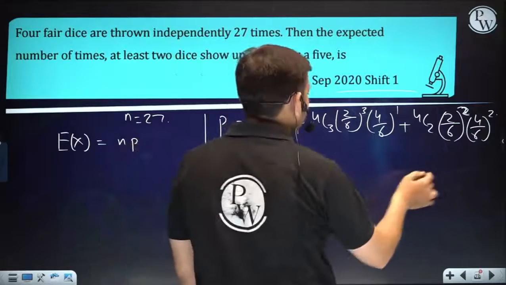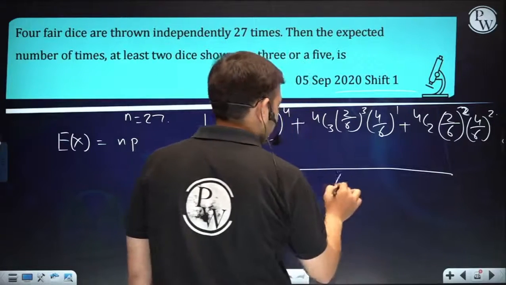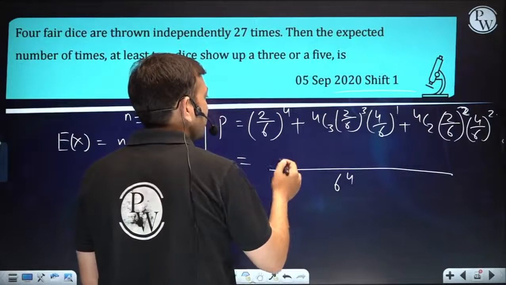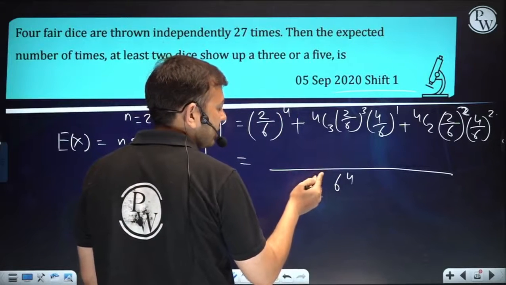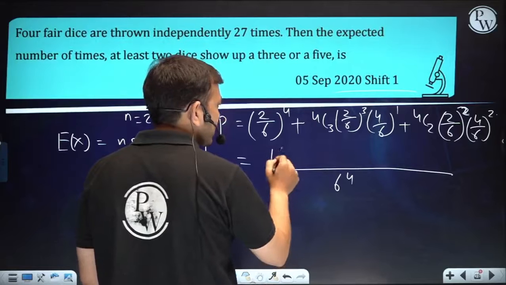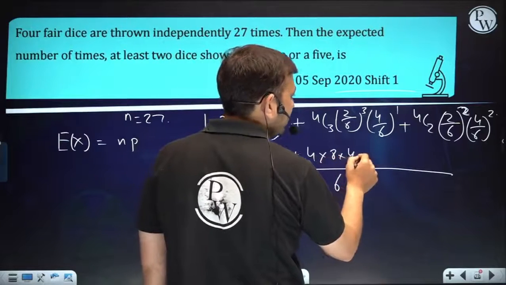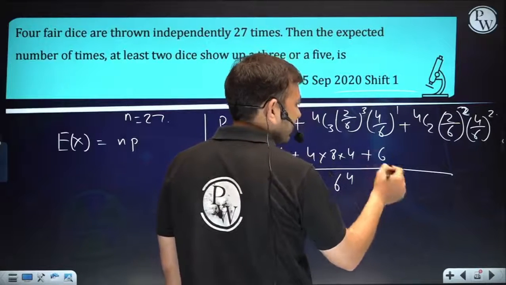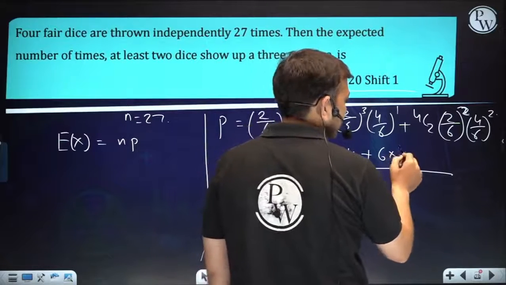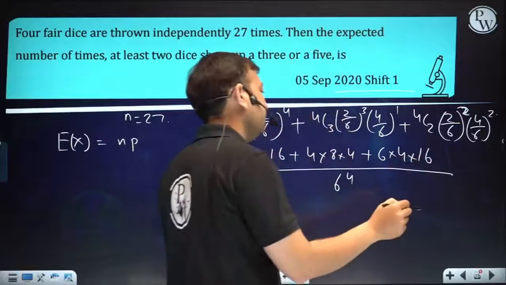Taking LCM, you can take 6 to the power 4. So 2 to the power 4 is 16. 4C3 is 4, 2 cube is 8, into 4. And 4C2 is 6, 2 square, 4 into 4 square, 16.